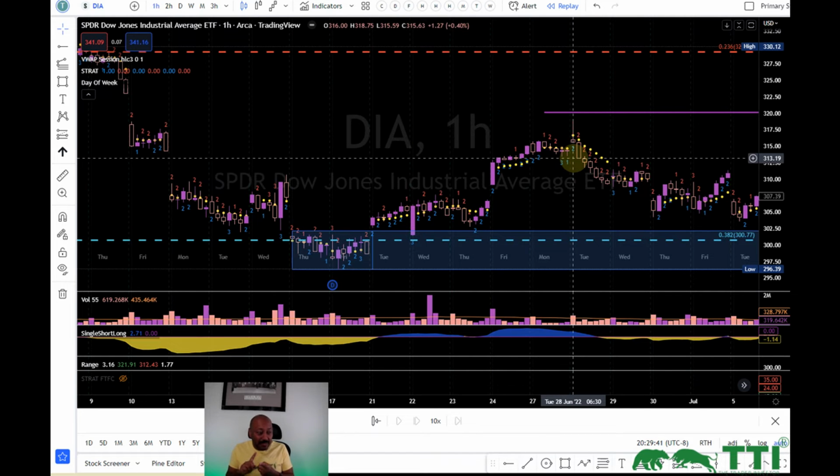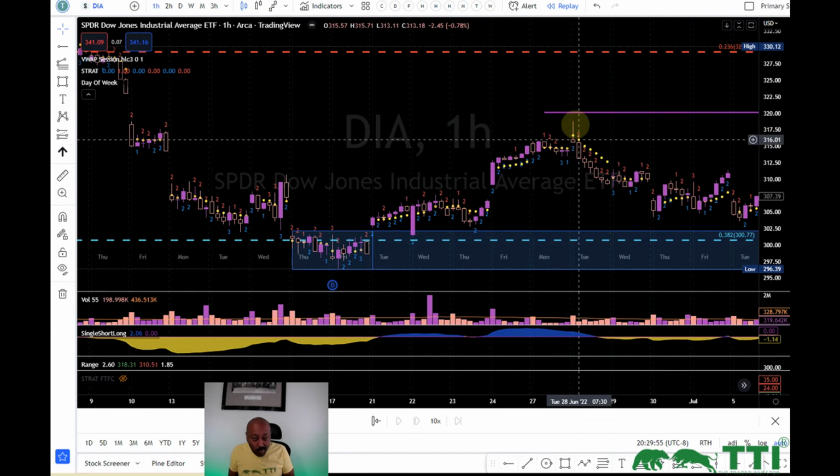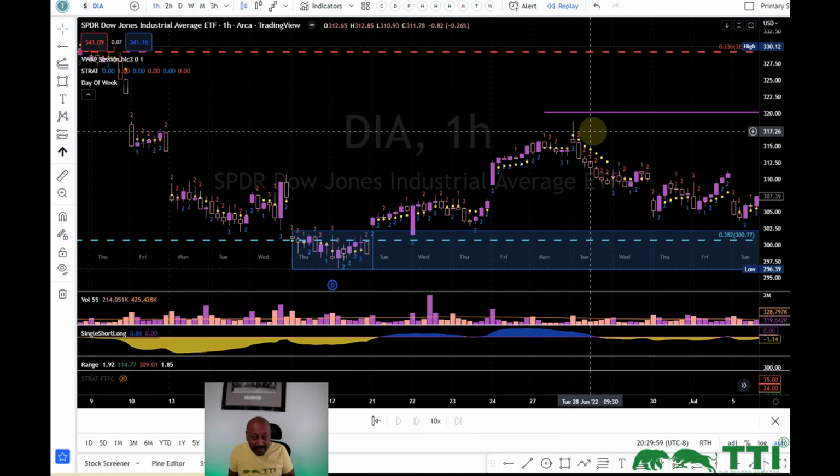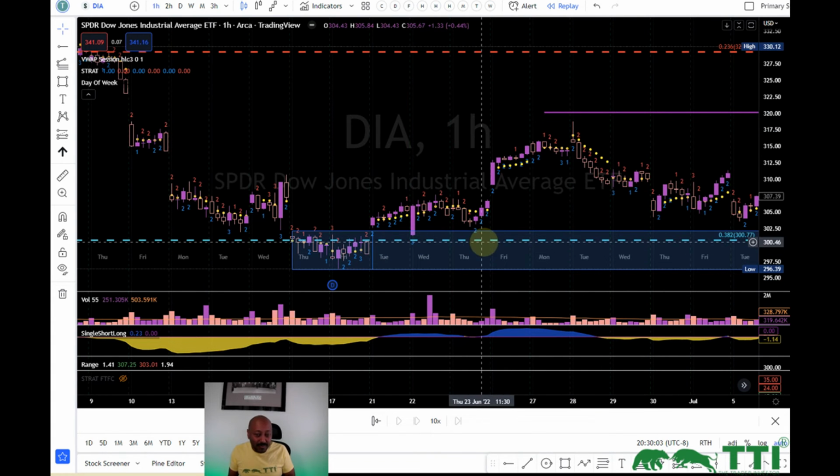Entry: hammer, inverse hammer. Hammer to the upside, inverse hammer to the downside. Reverse those for an exit. Railroad tracks, whether you're up or down, doesn't matter, but they have to stick out by themselves, right? Just like you see this wick by itself, you have to see those railroad tracks by themselves to be an exit or an entry at an area of value.